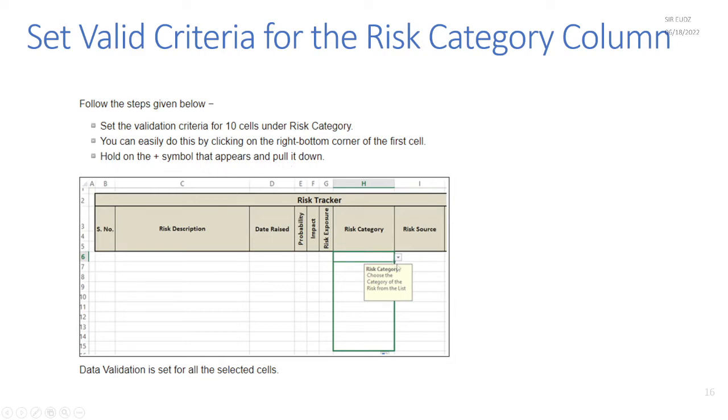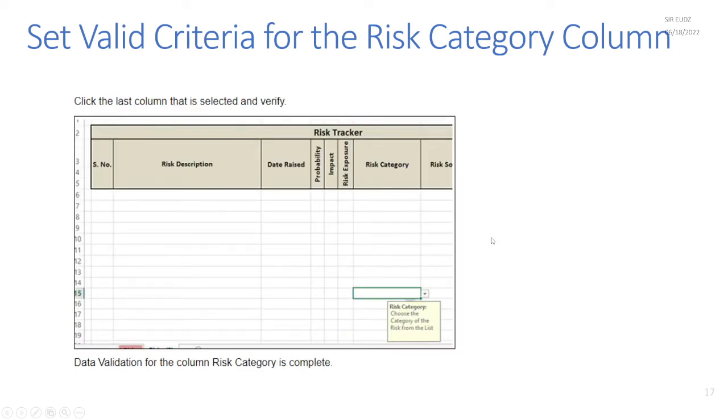Data validation now is set for all the selected cells. Click the last cell that is selected and verify. So the data validation for the column risk category is complete. You notice this one appeared, so that means we already have placed the data validation for this cell.